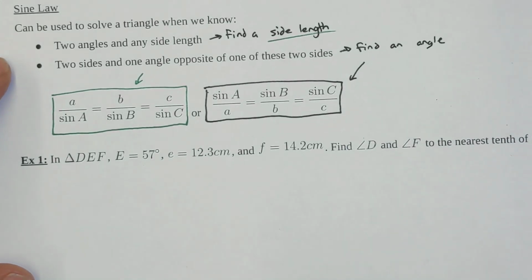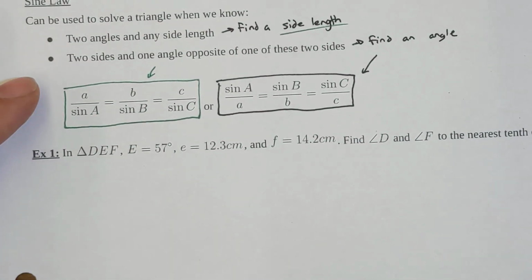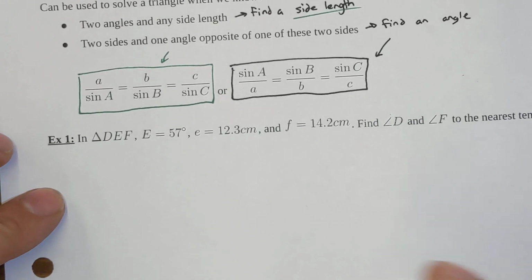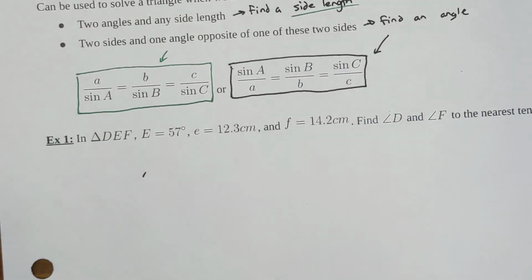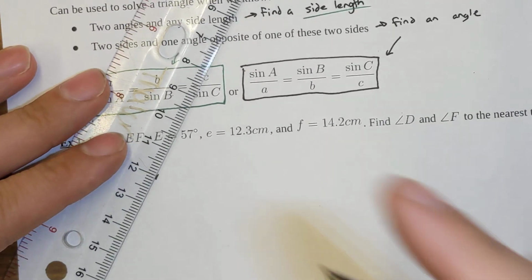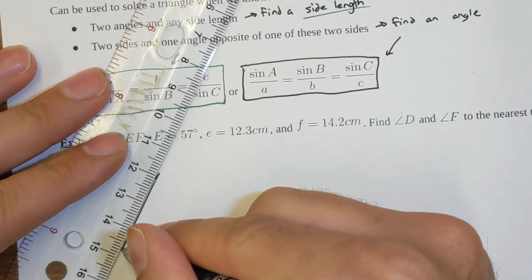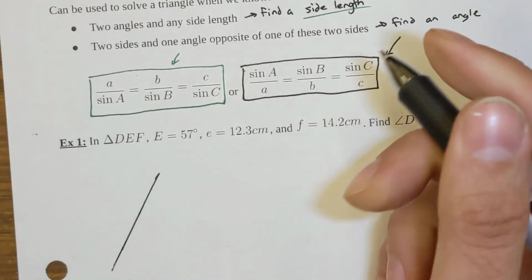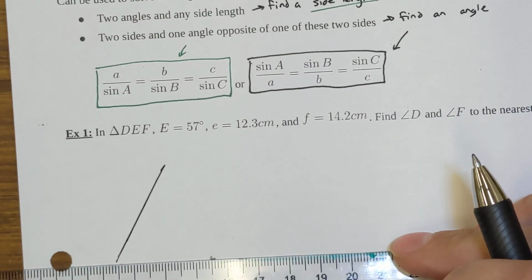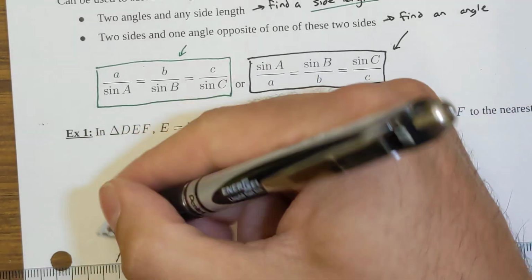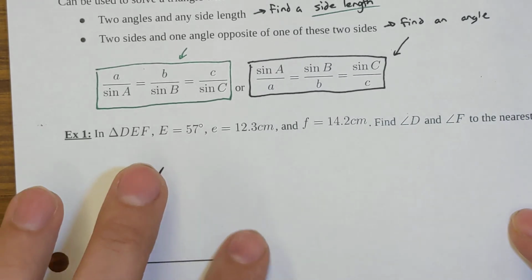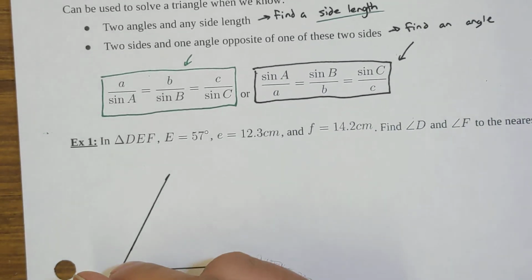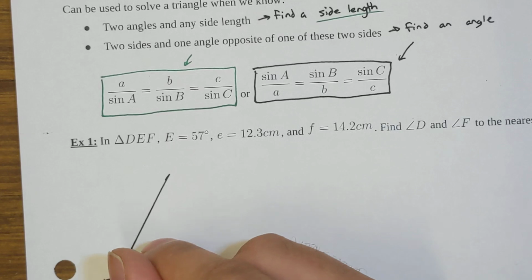So example 1, we have triangle DEF, and we have an angle of 57 degrees. I will use a ruler this time. Learn my mistake from yesterday. 57 degrees, maybe something approximately like this. So that's angle E, 57 degrees.